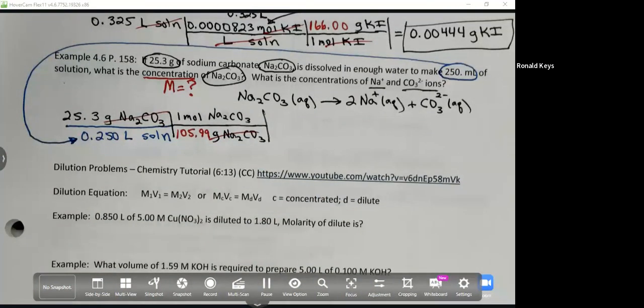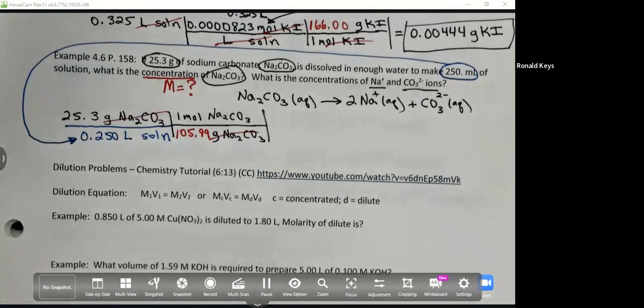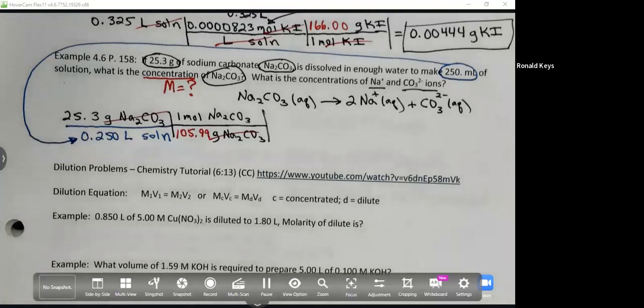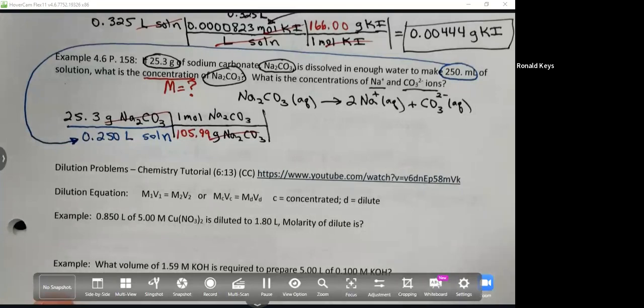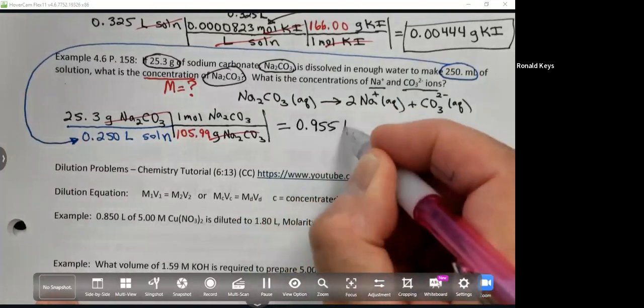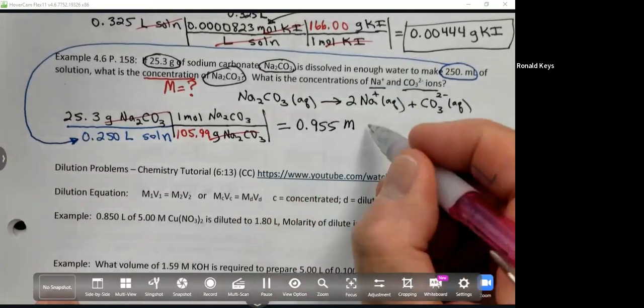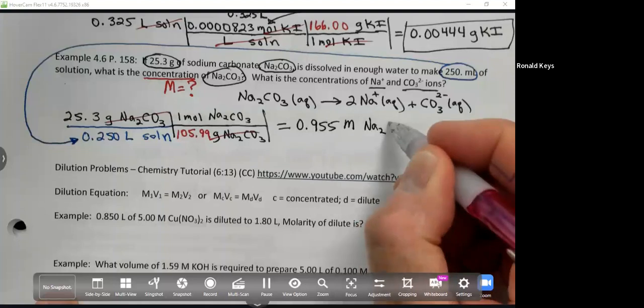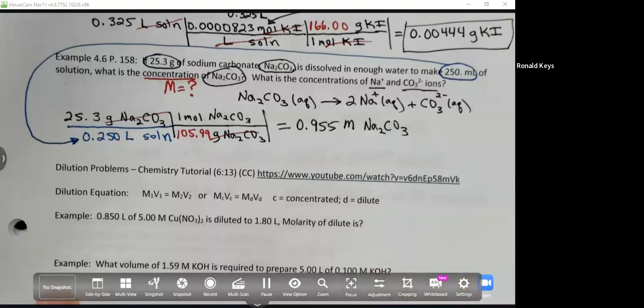Grab your calculator, punch that in. And I think we're going to get 0.955. Okay, so we have 0.955 molarity sodium carbonate.